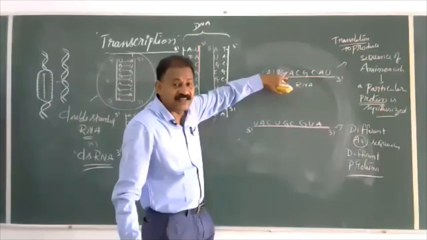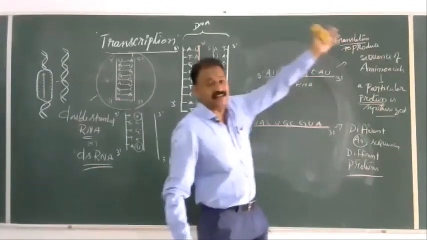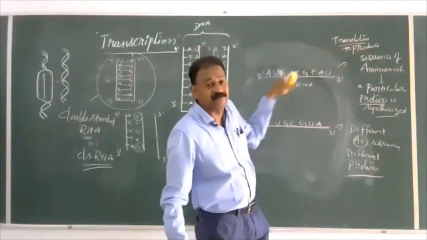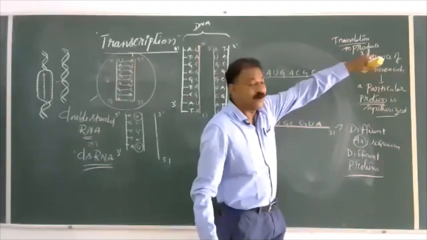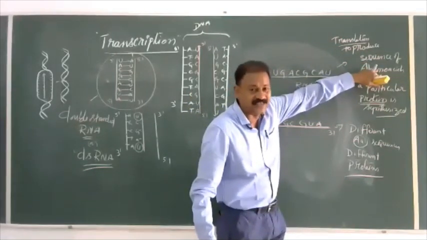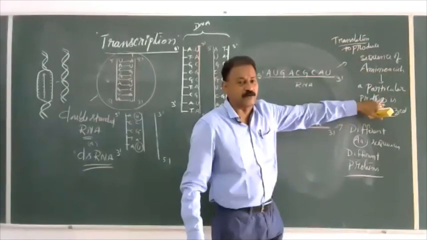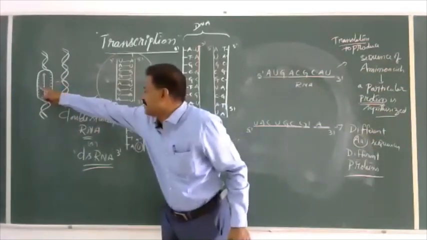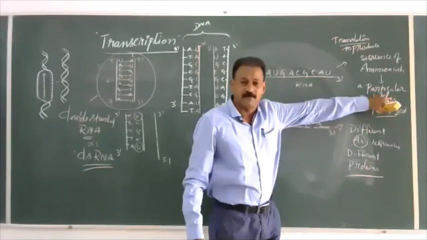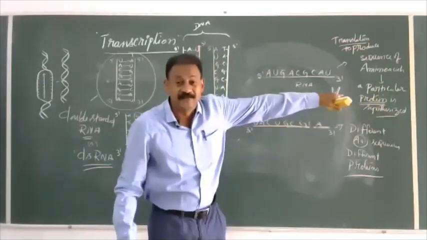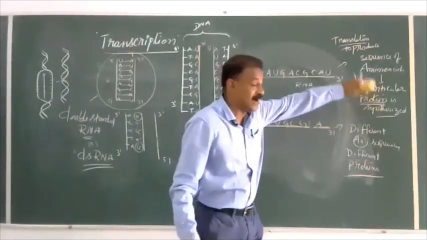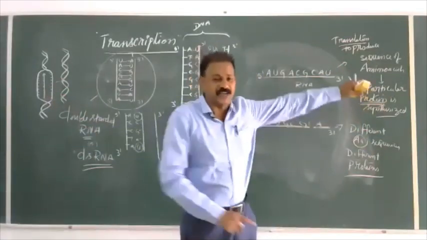sequence is translated, converted from one form to another form. What is that form? Sequence of amino acids. And the sequence of amino acids is a protein, a particular protein. It means the gene is expressed in the form of protein, gene expression.